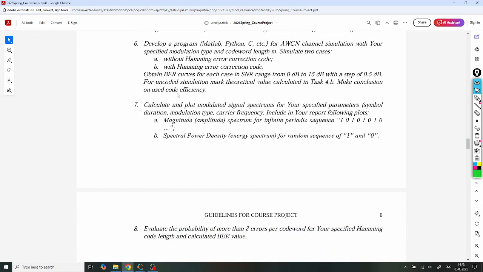So what we want to do is to calculate and display modulated signal spectrums for specific parameters which are individual, and we want to have two pictures: magnitude spectrum for periodical sequence of ones and zeros, and spectral power density for random sequence of ones and zeros. So that is magnitude spectrum and energy spectrum, which we covered in the lecture just now. So we will use the same formulas to specify them.